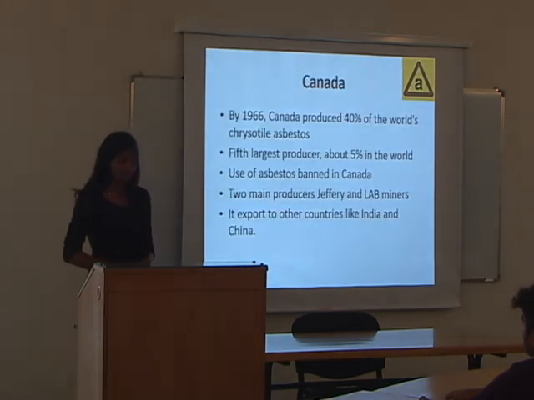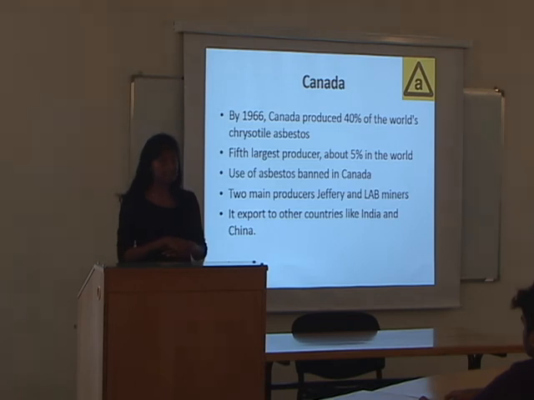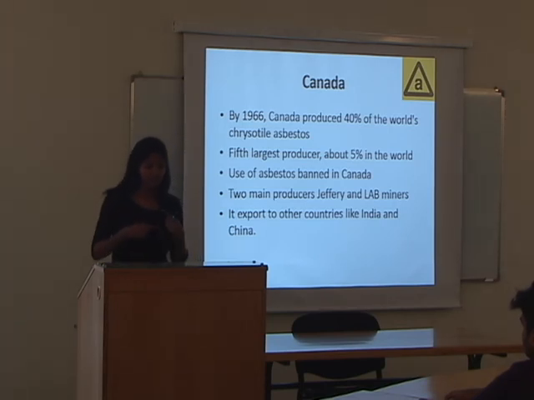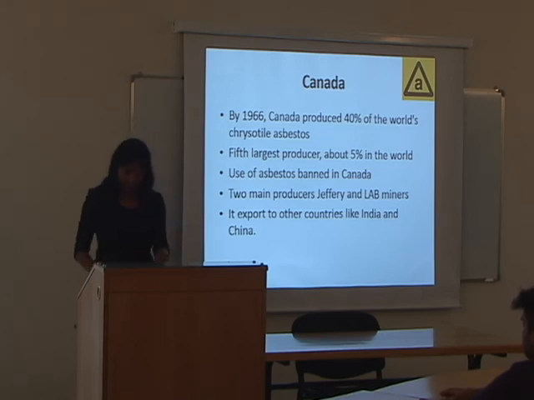And about Canada, actually in 1966, Canada was producing 40% of the chrysotile asbestos, but in 2010, they reduced to 5%. There were two main producers, Jeffrey and Lab Mine, exporting to other countries like India and China.